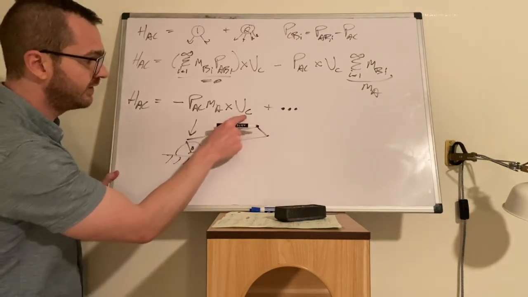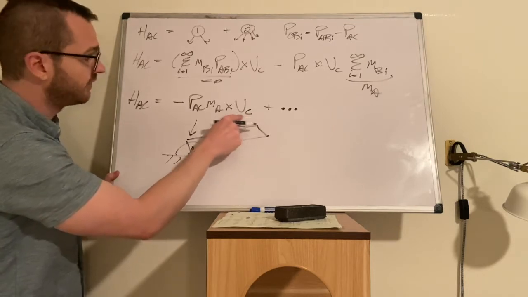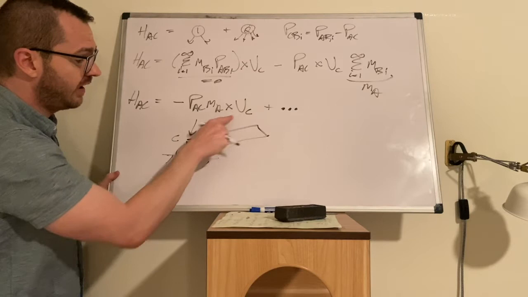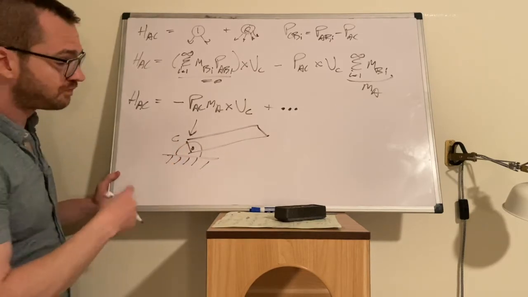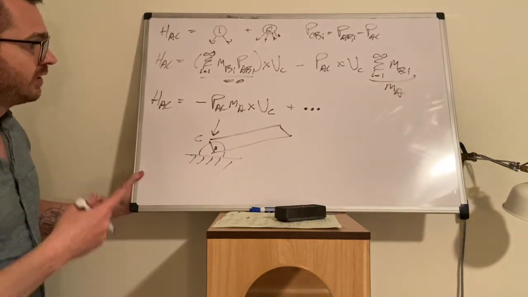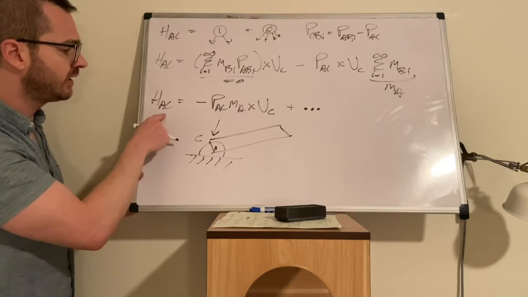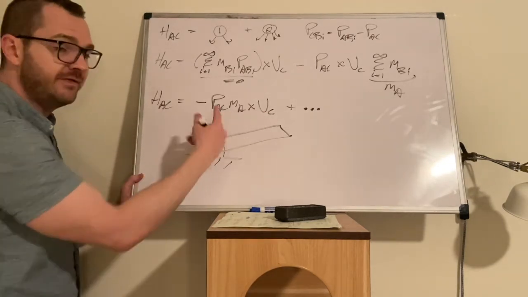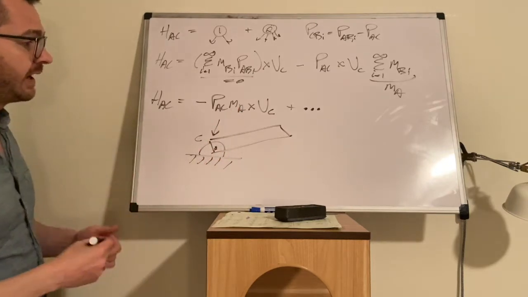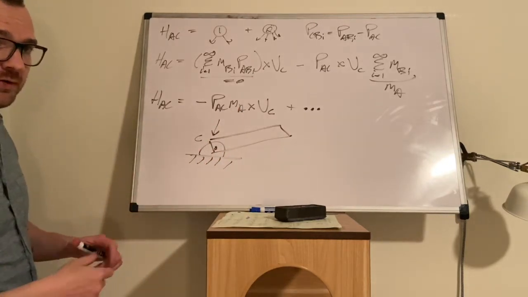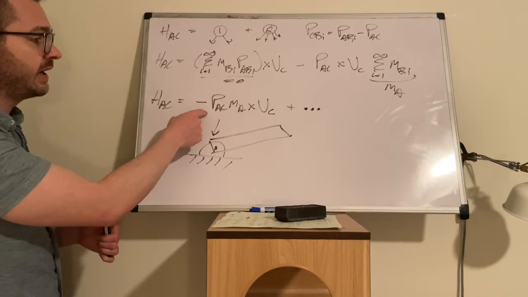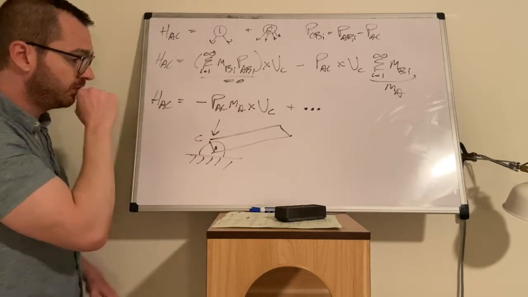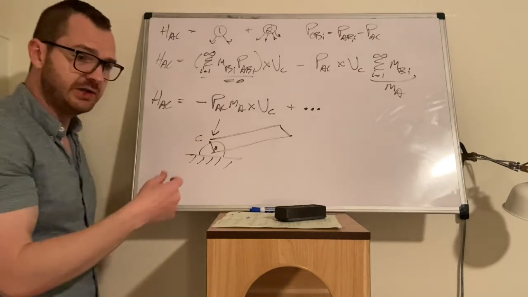If the pin joint is point C in this derivation, well, the velocity of the pin joint is 0. So there are times when you're looking for angular momentum about arbitrary points where this term conveniently goes to 0. Now, in general, it doesn't. Whenever you're working with this equation, you should write the full equation, and then if it does go to 0, you just show that it does.